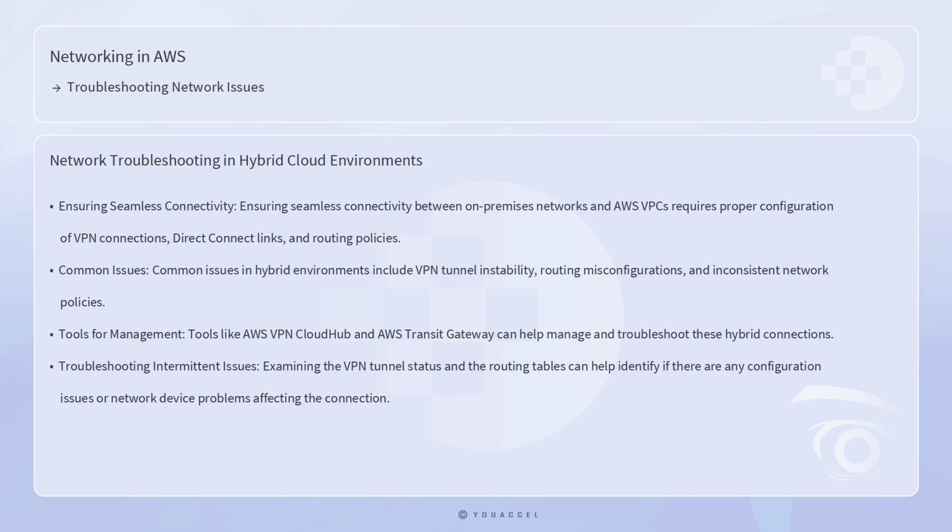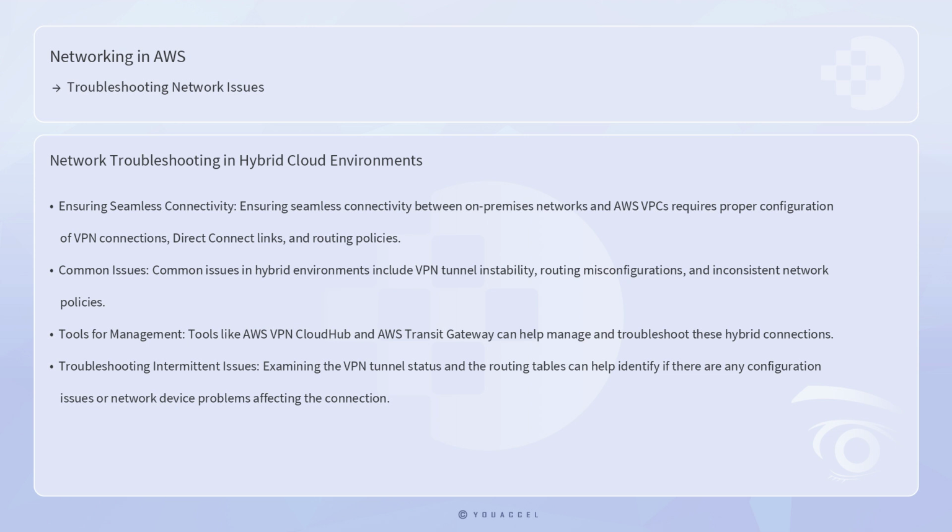Hybrid cloud environments, where on-premises infrastructure is integrated with AWS, introduce additional complexity in network troubleshooting. Ensuring seamless connectivity between on-premises networks and AWS VPCs requires proper configuration of VPN connections, Direct Connect links, and routing policies. Common issues in hybrid environments include VPN tunnel instability, routing misconfigurations, and inconsistent network policies.